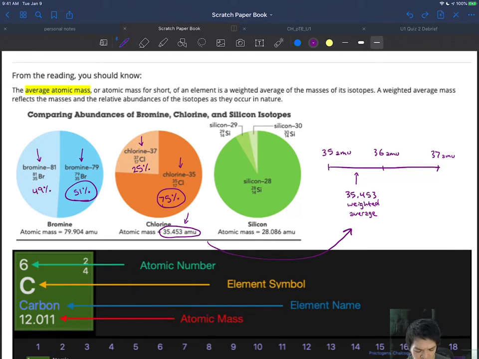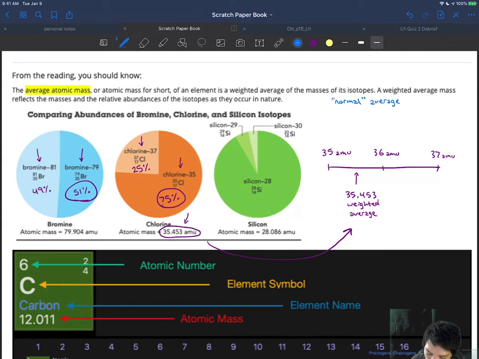Now, that's what a weighted average is. And what's a normal average? Remember, for a normal average, you don't account for how many there are.